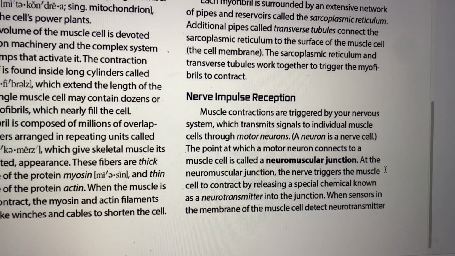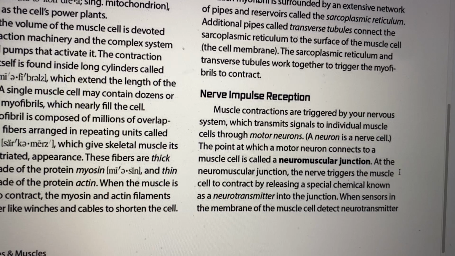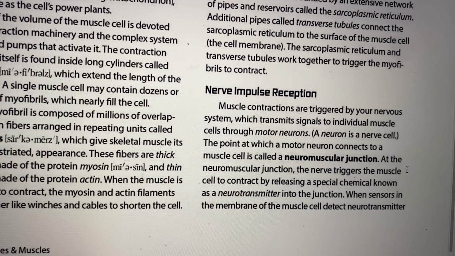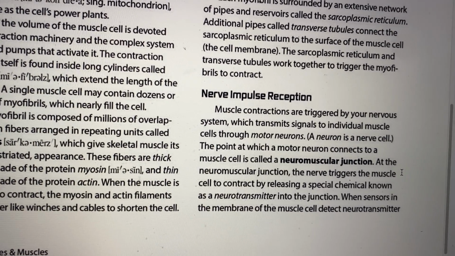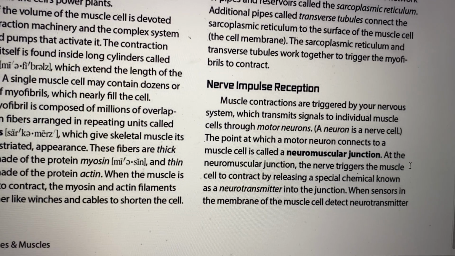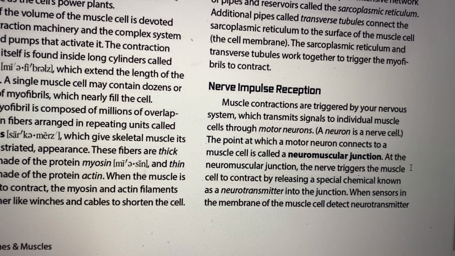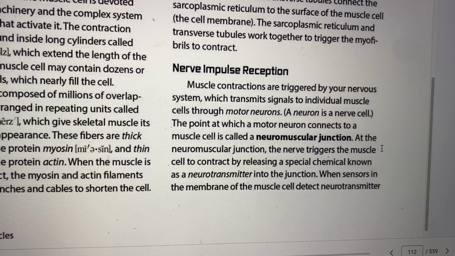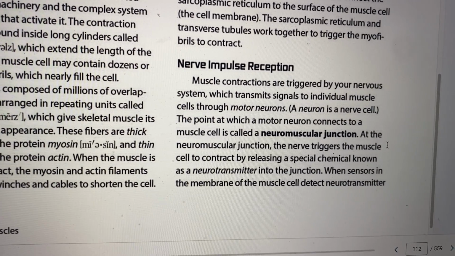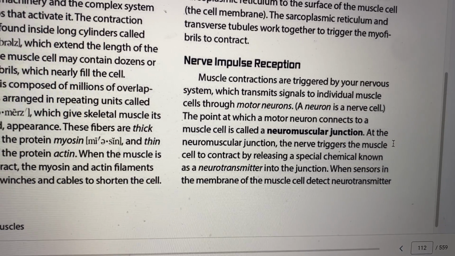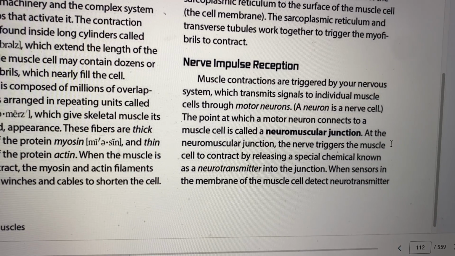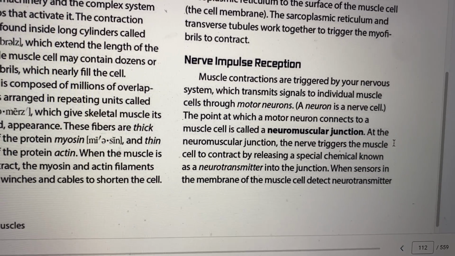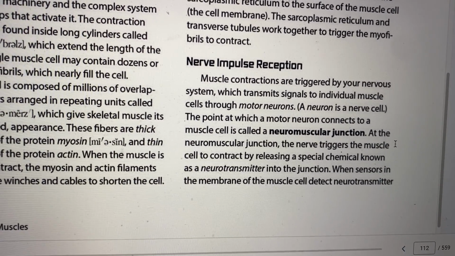And so we're going to talk about the nerve impulse reception. The nerve impulse reception is basically how a muscle is triggered by the nervous system. So I think I'm going to stop there and go on to it, and we'll finish up because I still have to go over the next section too.